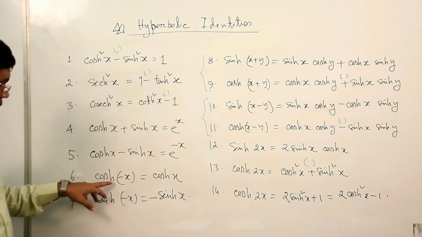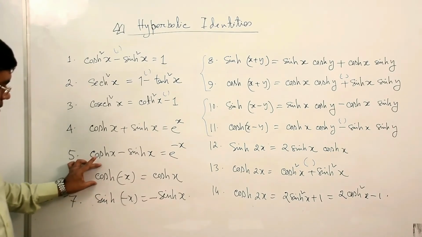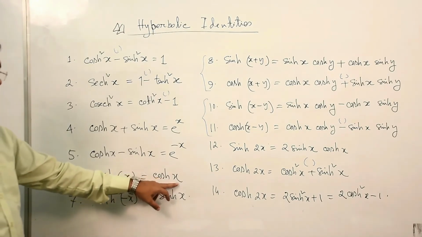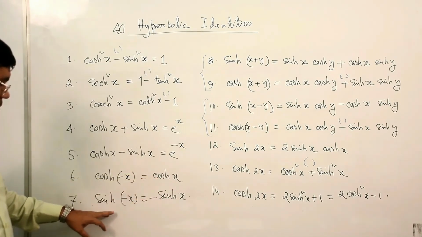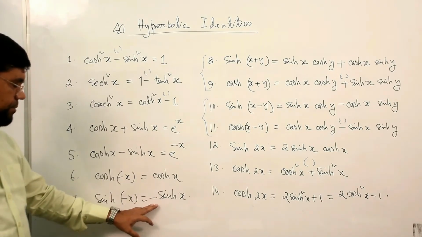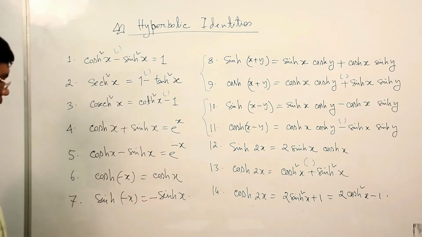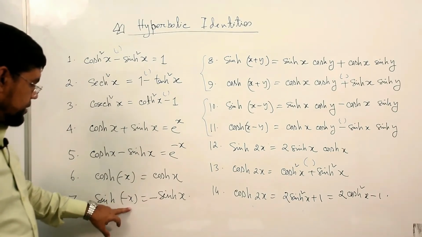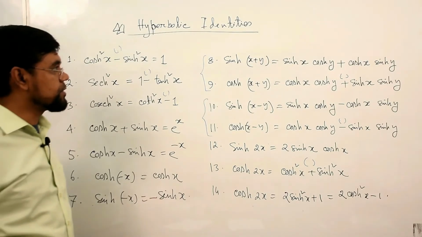Cosh is an even function, so if you replace x by minus x, it stays the same, but sinh is an odd function, so if you replace x by minus x, then the minus sign comes out. So sinh of minus x equals minus sinh x.